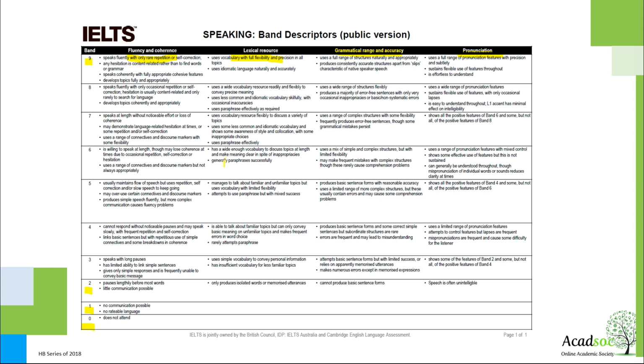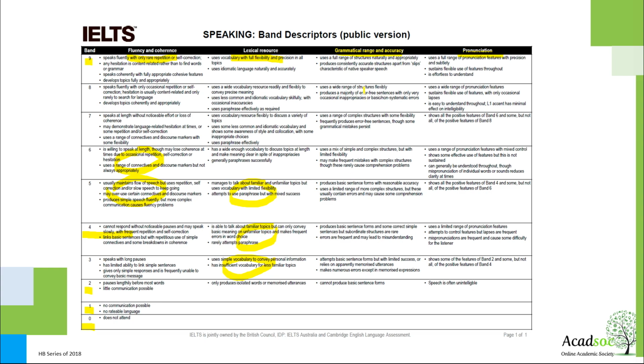Now, how was the student's performance? How was the student's fluency and coherence during the test? Is it under 4, 5, or 6? What about for lexical resource? Maybe 3, 4, or probably 5.